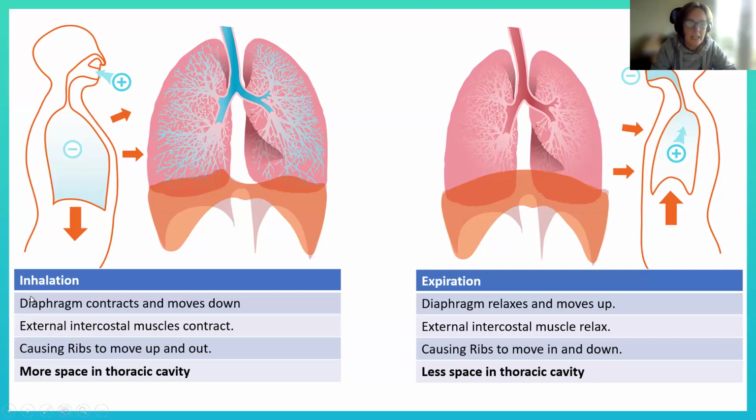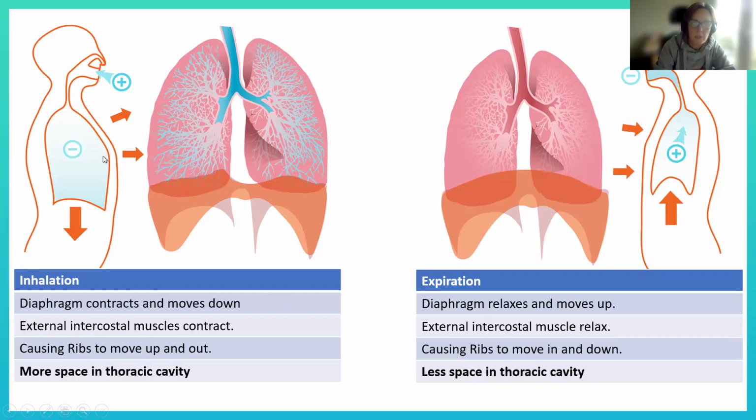So during inhalation, you've got this really big muscle underneath your lungs. This is what this orange structure is on the diagram. This muscle is called your diaphragm. And it's normally sort of upwards like that in a sort of arch shape. But when you breathe in, it flattens down. So during inhalation, your diaphragm contracts and it moves downwards.